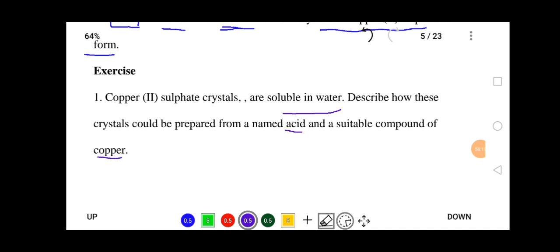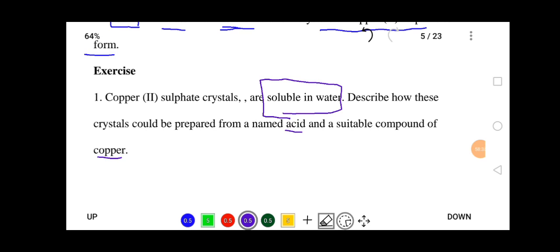This is the very important question. Copper 2 sulfate crystals are soluble, meaning they are able to dissolve in water. How can you prepare the solid crystals of this copper 2 sulfate when it is in aqueous state?